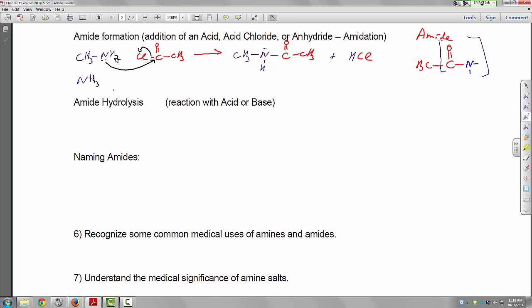For this next one, ammonia will react with an acid anhydride. I drew this structure in class, and essentially it's 2 acids linked head to head, and anhydride, anhydrous means you remove a molecule of water. So here we stuck 2 acetic acid molecules together and removed a molecule of water. So it looks something like this. And again, the nitrogen has an unshared pair here, and the nitrogen bonds to that carbonyl carbon.